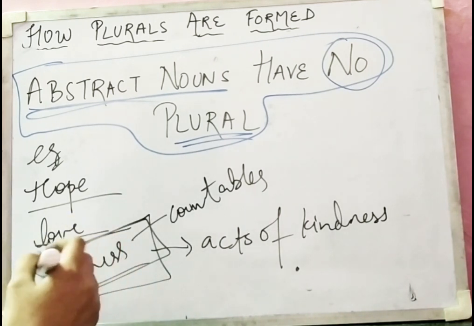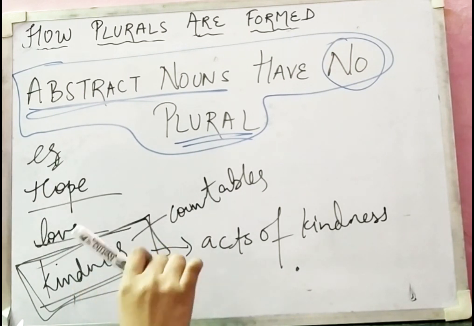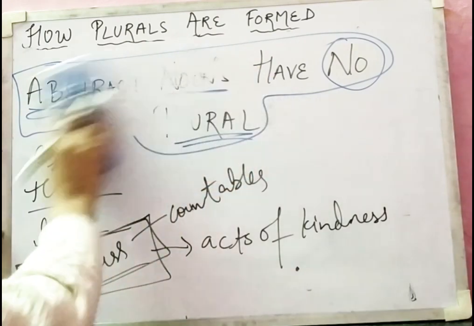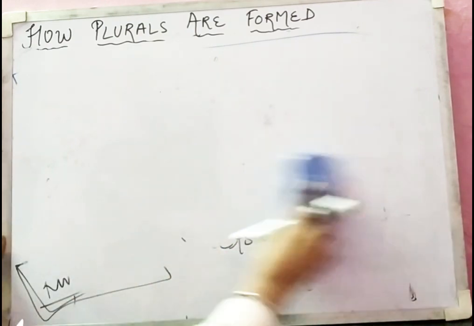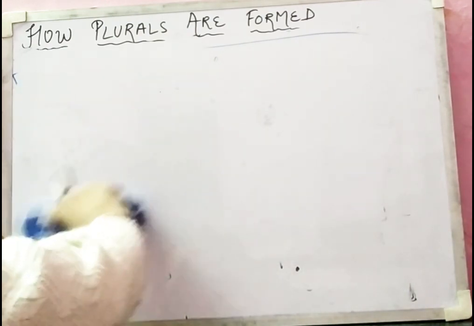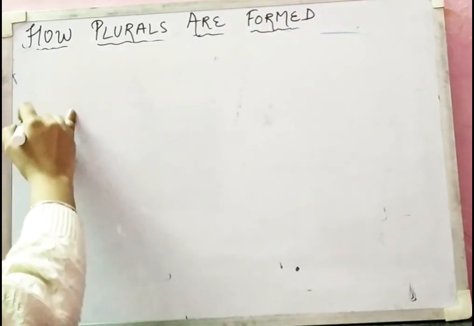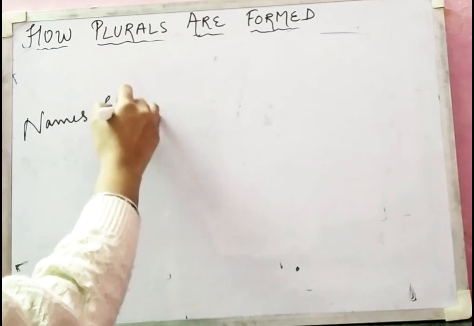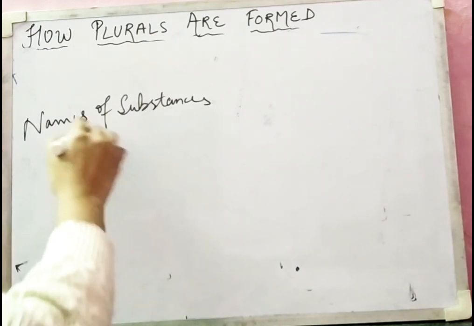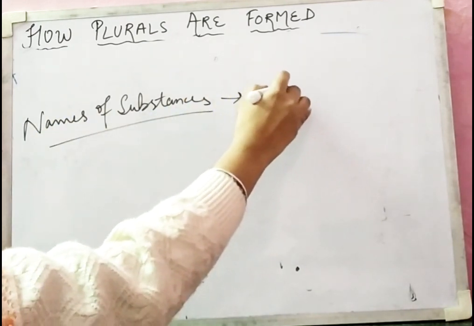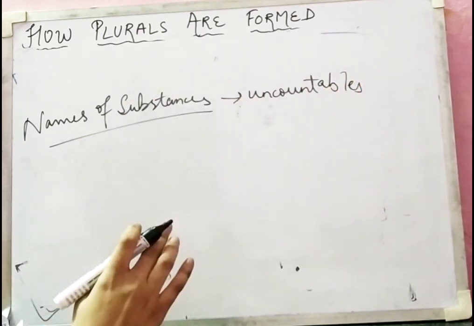Now there is one thing more, that names of substances are also uncountables. Names of substances are also uncountables, and are therefore not used in the plural.